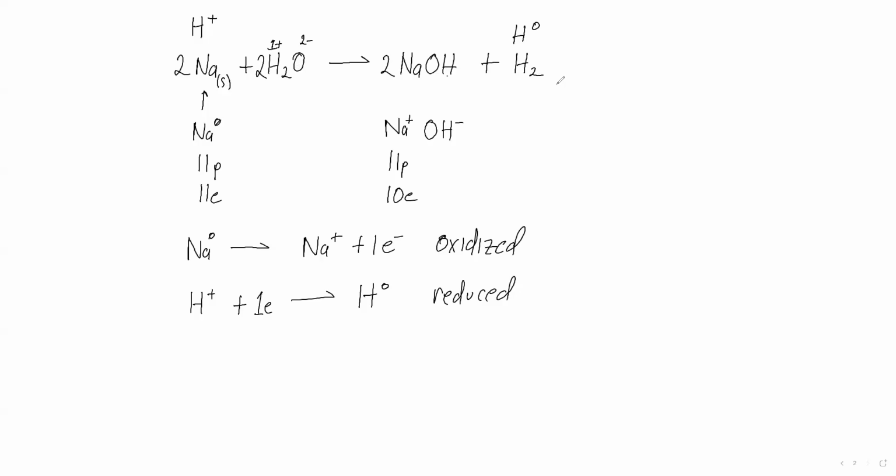Right? So sodium oxidized, hydrogen is reduced, and you're left with an ion in the form of sodium ion, and then elemental hydrogen. So hydrogen got reduced by that process.